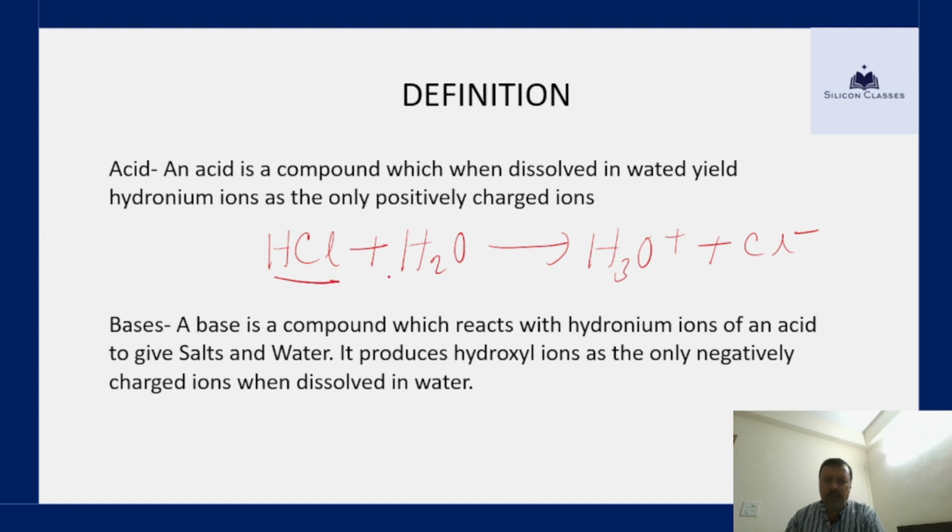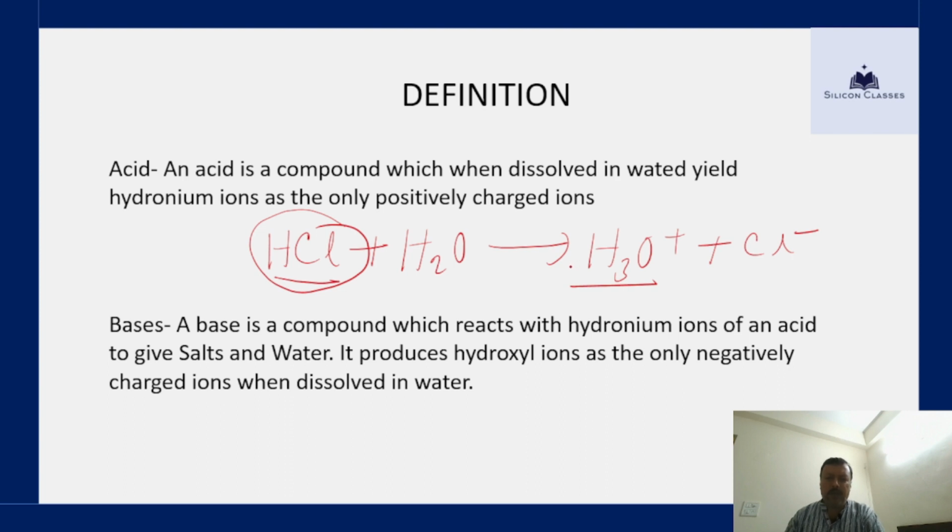So HCl is producing hydronium ions in its water solution, so it is called an acid. Any compound which in its aqueous solution forms hydronium ions is called an acid.